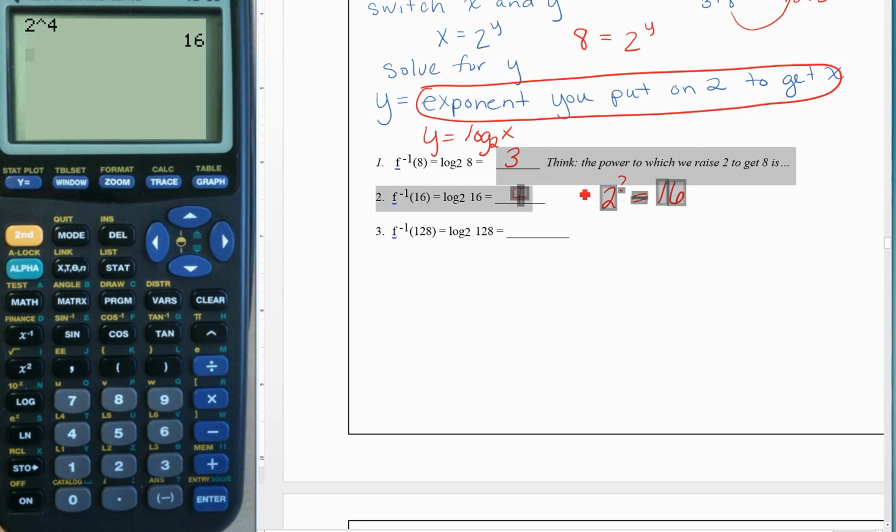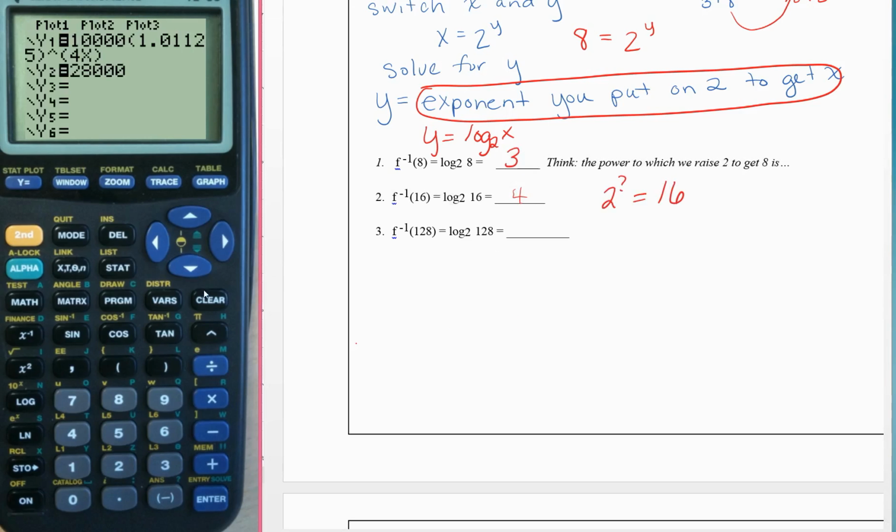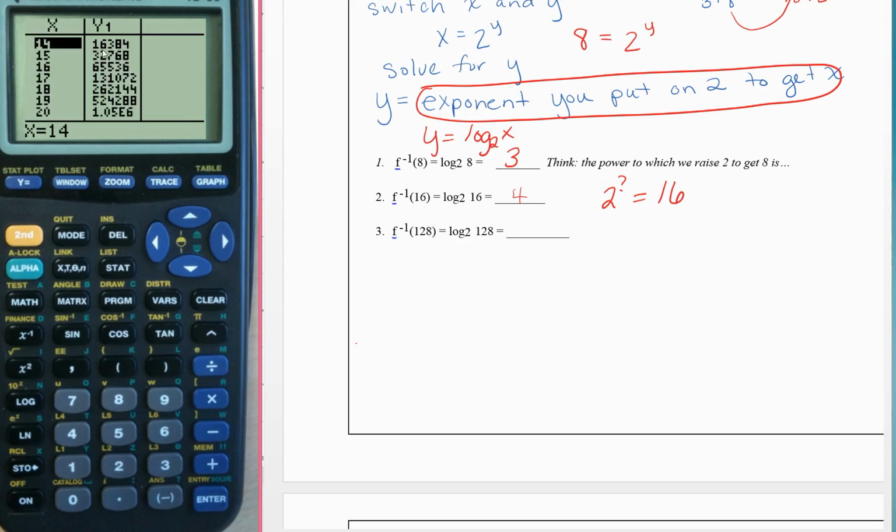Okay, well, what if we want to find out what log base 2 of 128 is? And we'll have ways to do this in a little bit, but right now we're just kind of exploring with our calculator. Well, one thing we could do is in our y equals, put in 2 to the x, and then look at our table and say, okay, where do we get out 128?